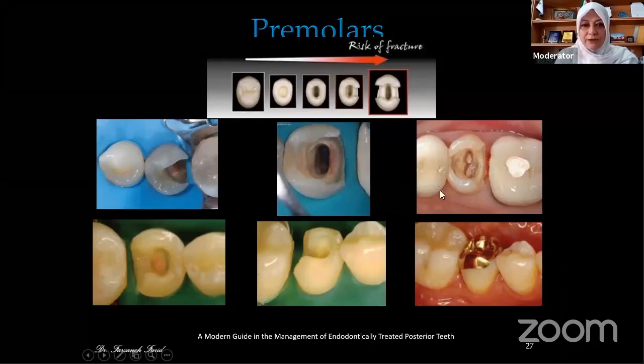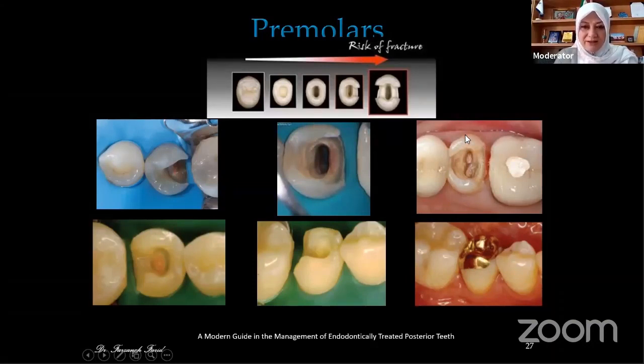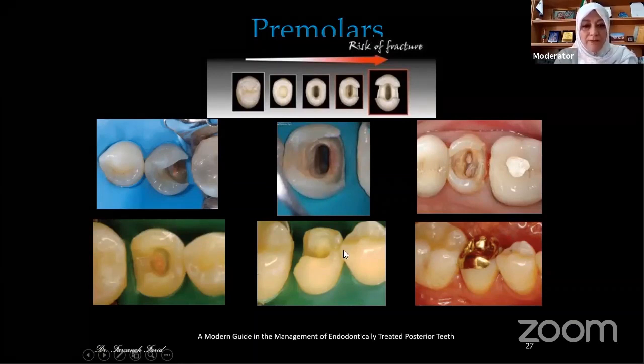However, if there is a large occlusal cavity and loss of marginal ridges, it is better to have full coverage. It means that all around the tooth should be prepared and covered. In these cases, because the remaining tooth structure after preparation is almost always very thin, it is better to put posts inside the canals too. However, the first lower premolar is very similar to the canine.